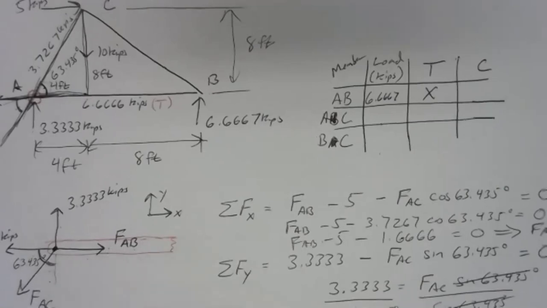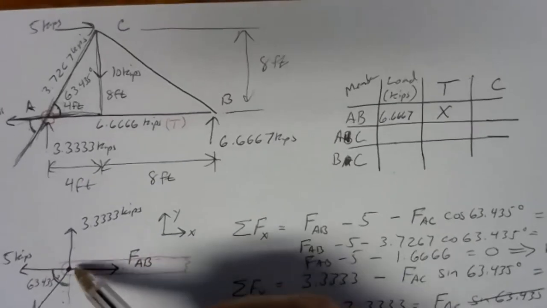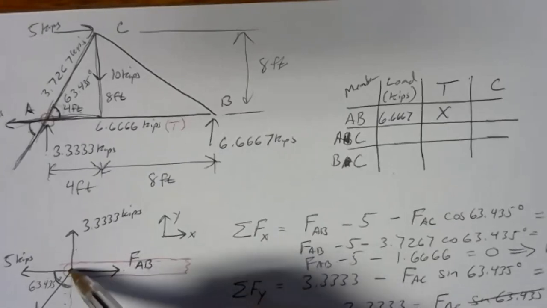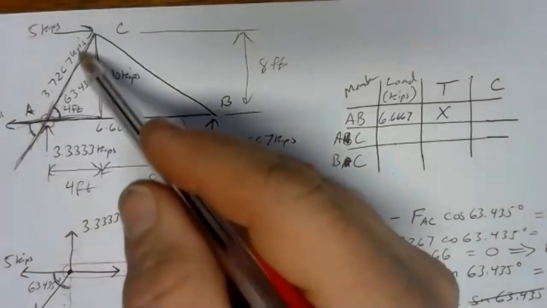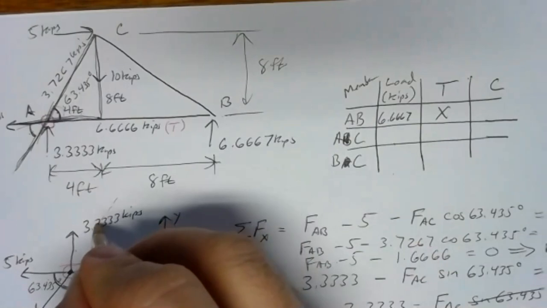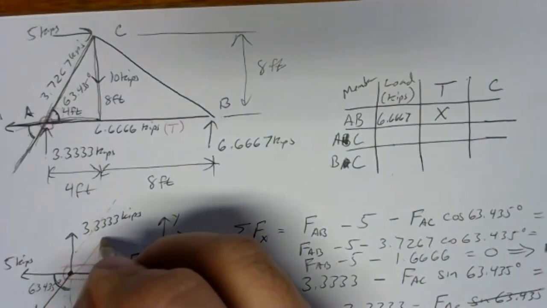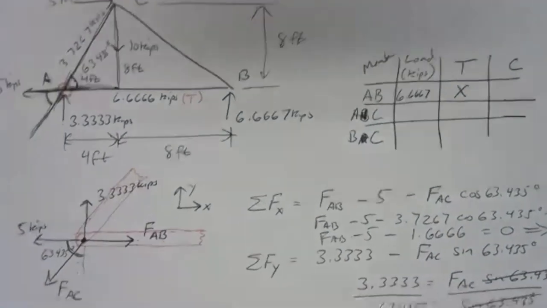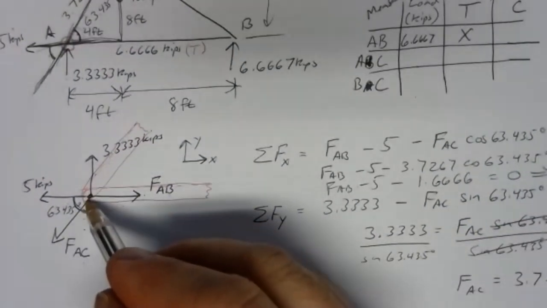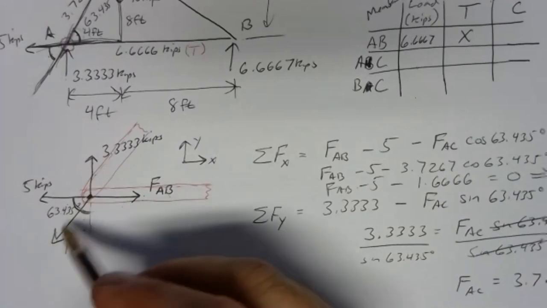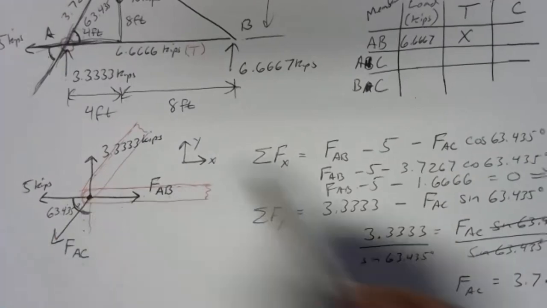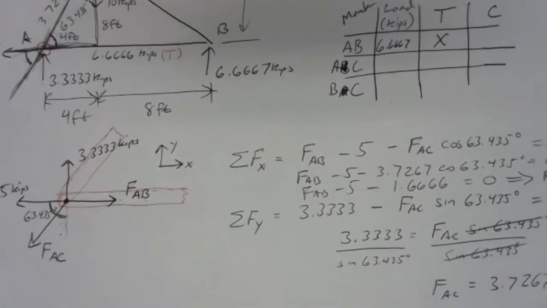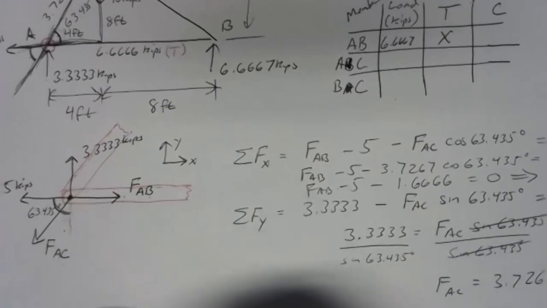Let's look at member AC. Well, where is member AC compared to joint A? Well, it's up and to the right. So member AC is over here, like that. So member AC appears to be pushing joint A away. Because both our answers came out positive, our directions are right here.